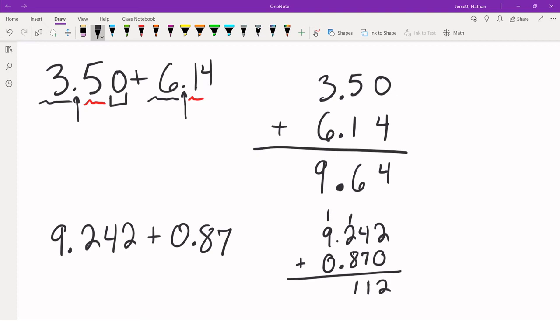I'm going to drop the decimal point, just to make sure we don't forget that. 1 plus 9 is 10, so drop down the 0, add the 1, and then of course it just goes straight down. So 9.242, or 9 and 242 thousandths, plus 87 hundredths is 10 and 112 thousandths.